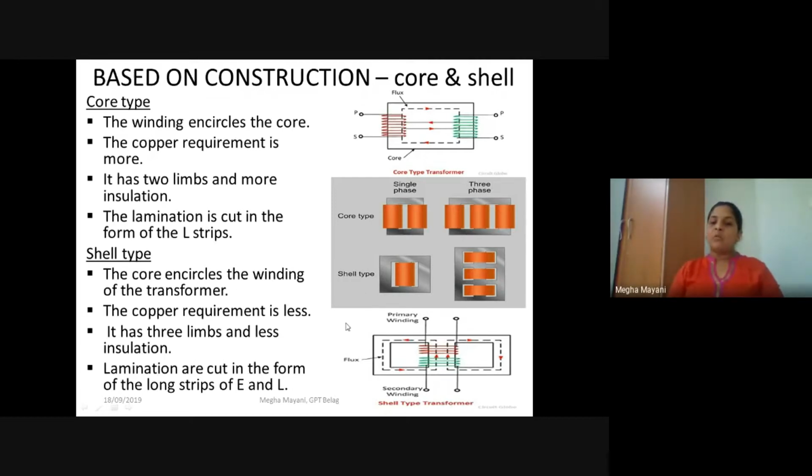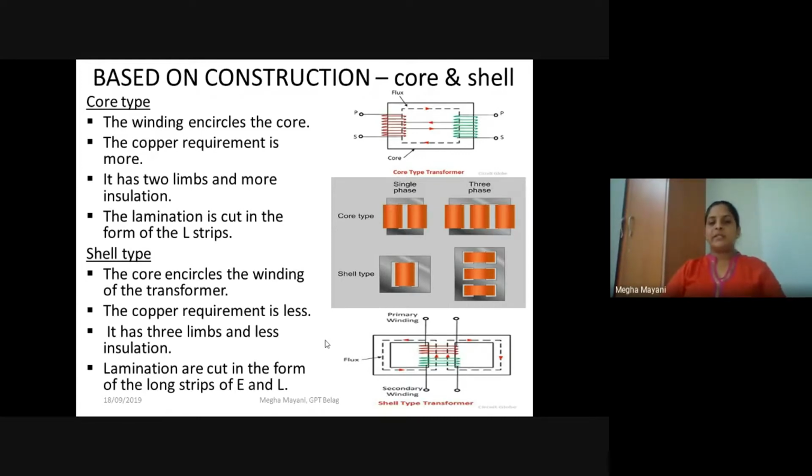Lamination are in the form of E and L shape, alphabet E and alphabet L shape. So that will be of shell type. You can see the image also corresponding to shell type transformer here, where you have the copper winding around which the core is encircled. So on the construction wise, you have either to be core type or shell type, and both have got different applications.